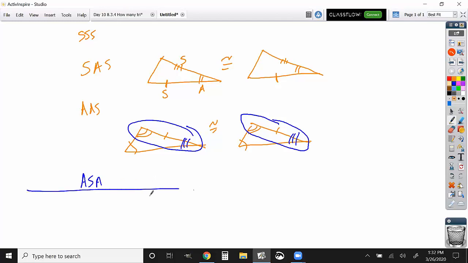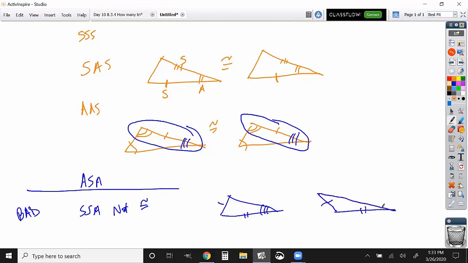The only bad one is side side angle. This is not congruent. So if you had a side, another side, and an angle that followed them, I could have that same side, this same side, but this angle might be different.